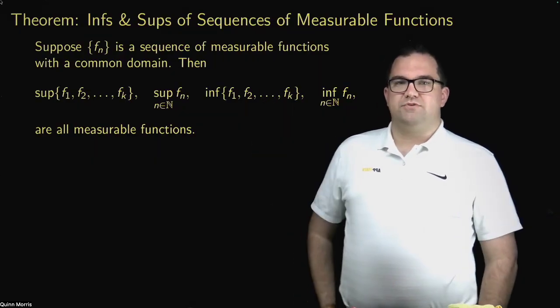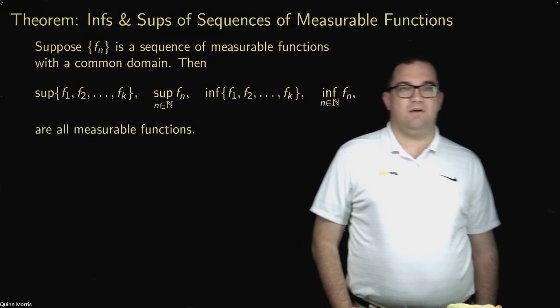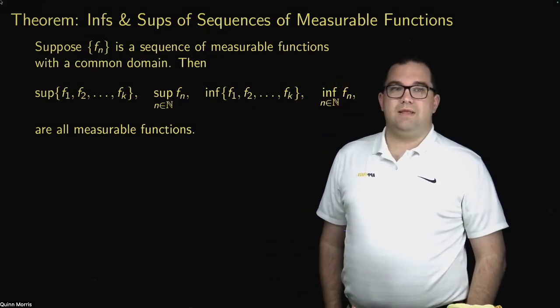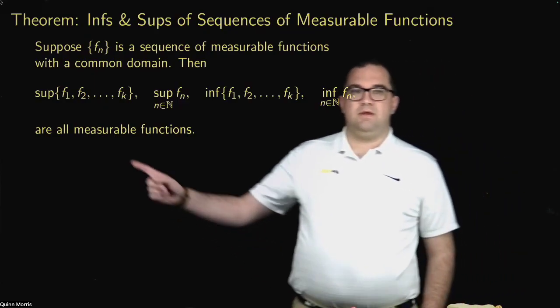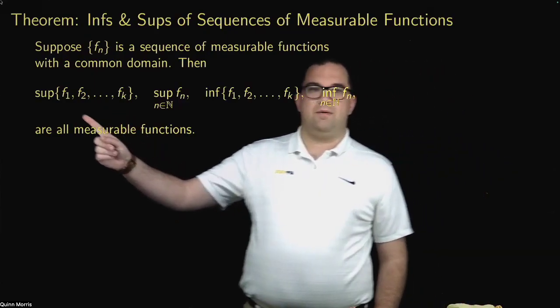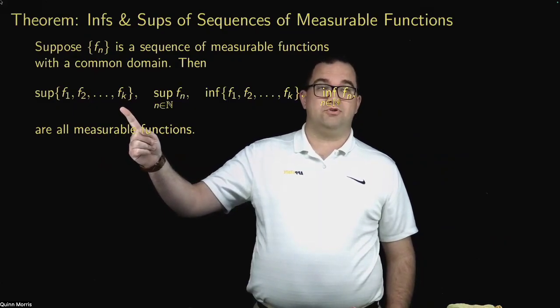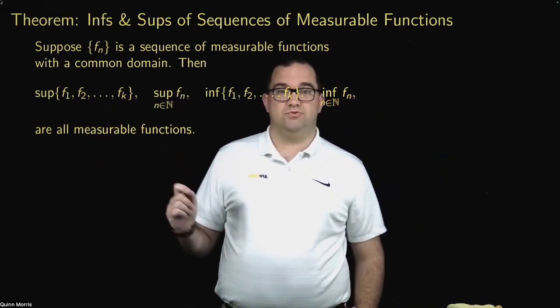I might ask myself, what if I have a sequence of measurable functions all on a common domain? It turns out that if I take the supremum of the first k of those functions, that's going to give me back another function, and that function will be measurable.